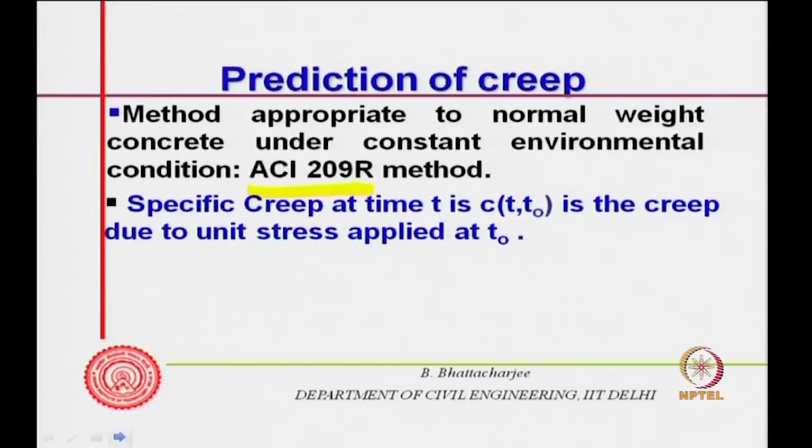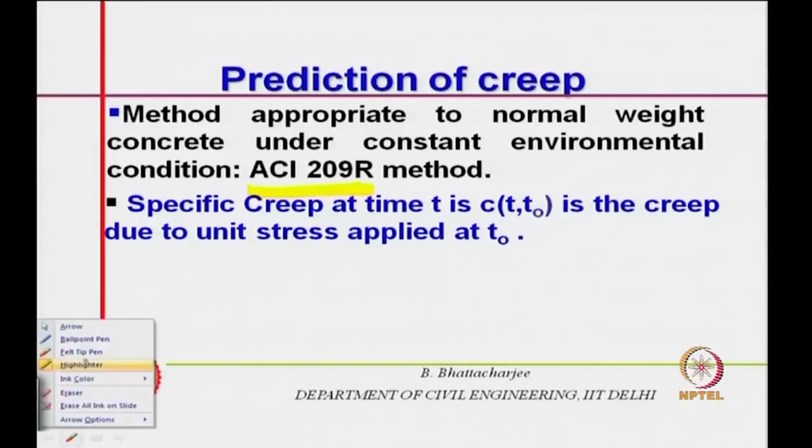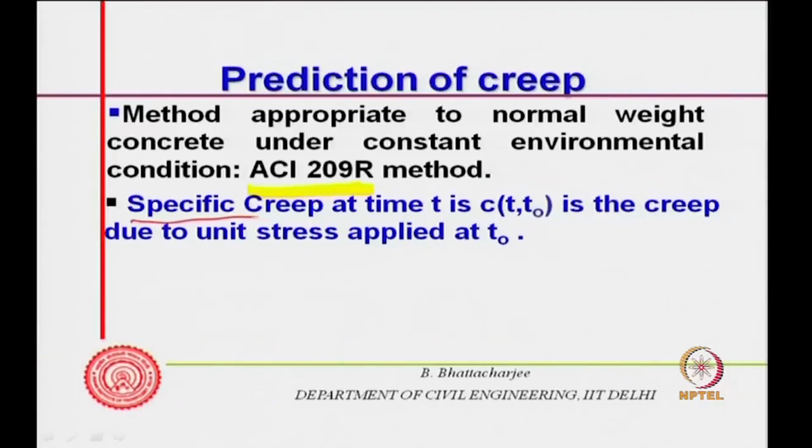So, let us define something called specific creep. Specific creep at time C(t, t0), where t is the time at which I am trying to find the specific creep and t0 is the time of application of the load, is the creep due to unit stress applied at t0.